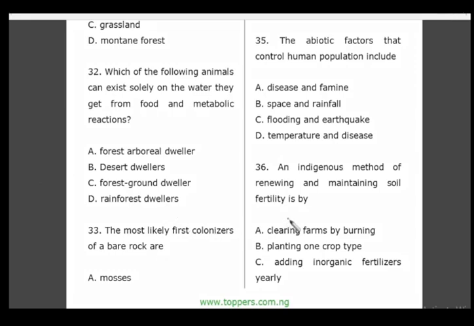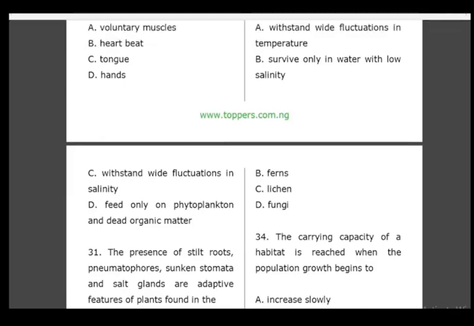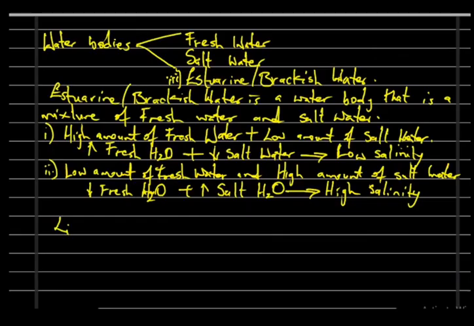So the primary colonizers here, we will be having the fungi. I could have said lichen, but we will discover that lichens are a mixture of algae and fungi, so they cohabitate.